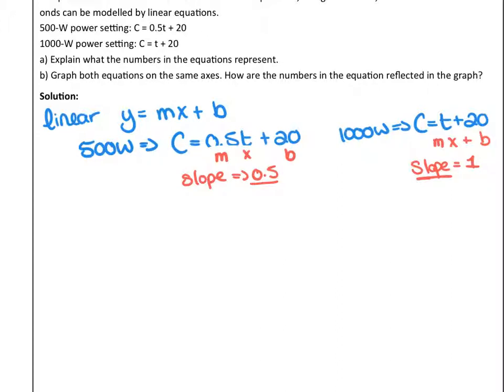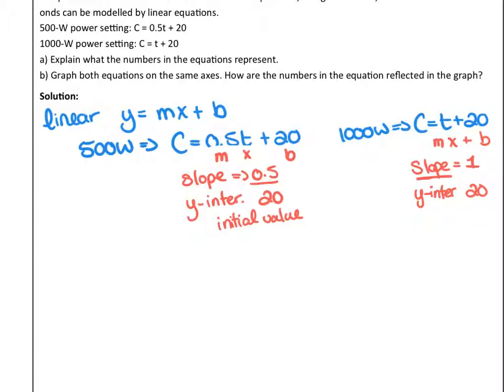The other thing: what does the 20 represent? In this one, the y-intercept is 20, which is also our initial value. So it's where it starts. And in this one, our initial value, or our y-intercept, is also 20. So what does that tell you about these different equations? They both start at the same spot, but they have different slopes. So that should be reflected when we do our actual graphs.